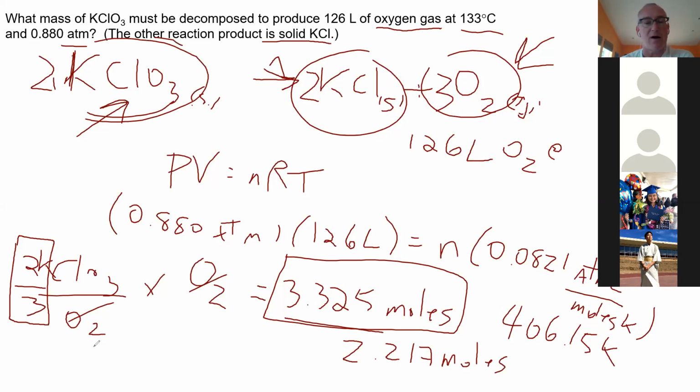Now we're looking for mass, so all you need to do is convert moles to grams, and you're done. It looks like a terrifying problem, but it's just a stoichiometry problem disguised as a gas problem. And you guys are stoichiometry experts by now.